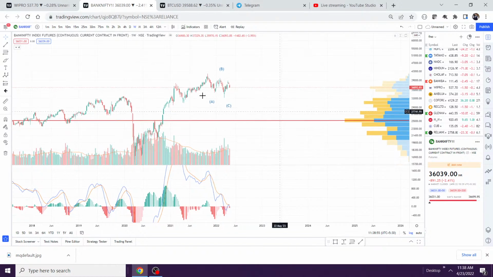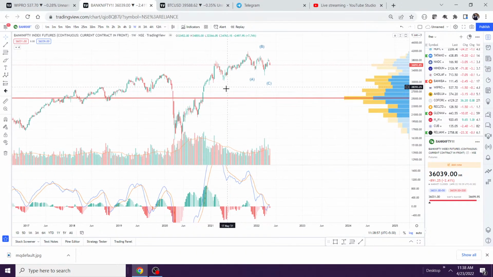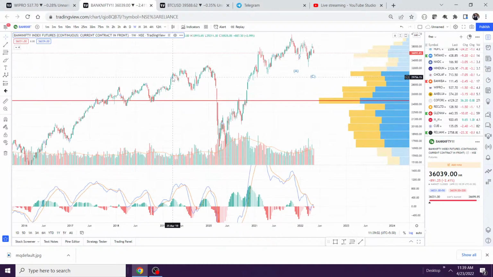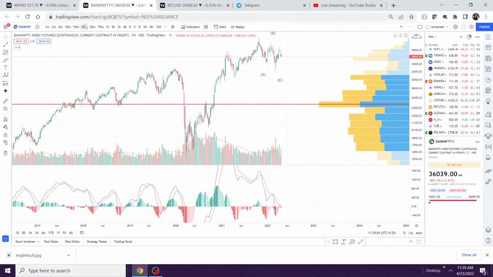That's why it's not an impulsive move downwards, and here it was an impulsive move because this is an ending diagonal. Let me show this on Wipro.